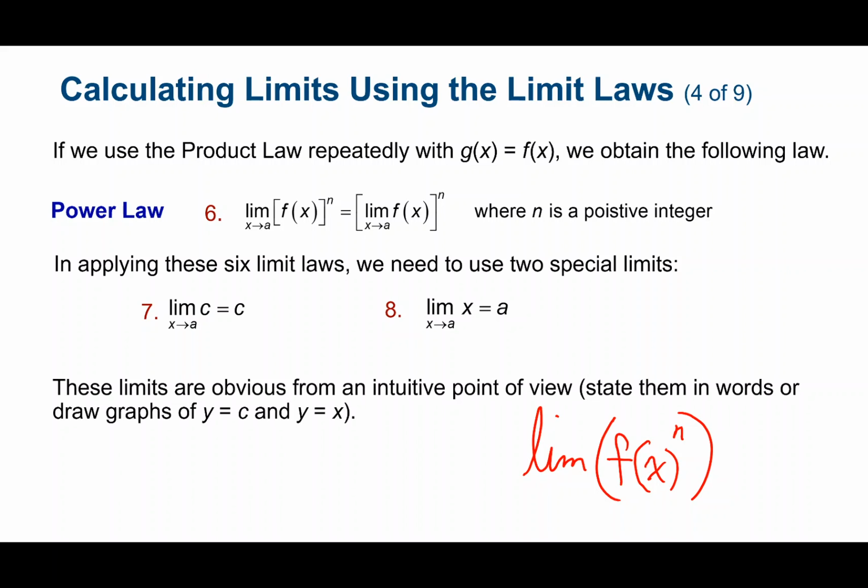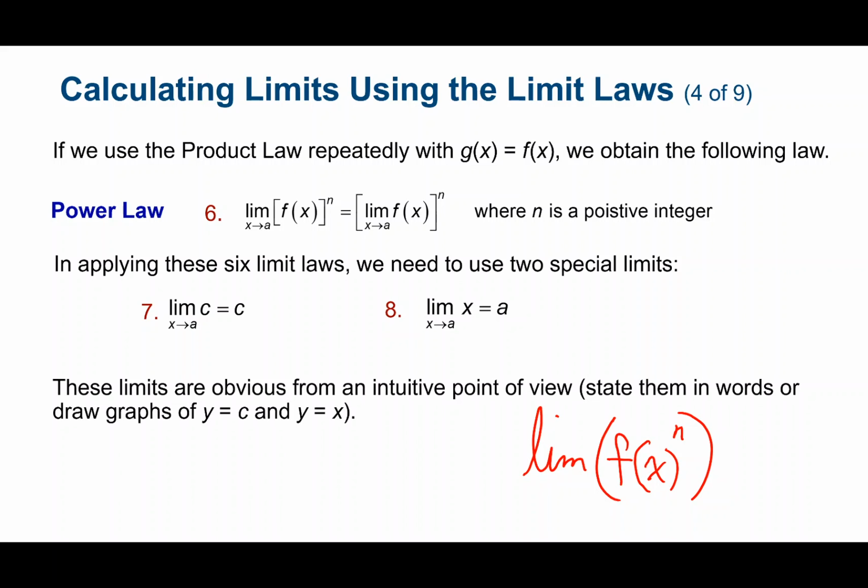And the thing that can make that one confusing is the x approaches a part, where x is approaching some number. If the thing we're taking the limit of is a constant, we don't even care what we're approaching. We don't even have to look at that part. The limit of a constant is just that constant.